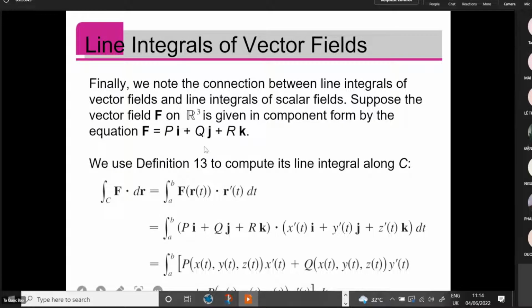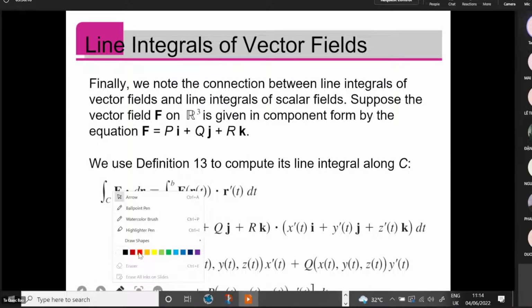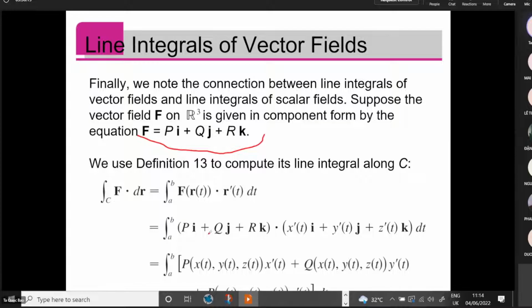All right. So now finally we note the connection between line integrals of vector fields and line integrals of scalar fields. Suppose that a vector field F on R3 is given by this. Therefore we have the integral over C of F dot dr, like this. Because F has a representation, we get this representation.